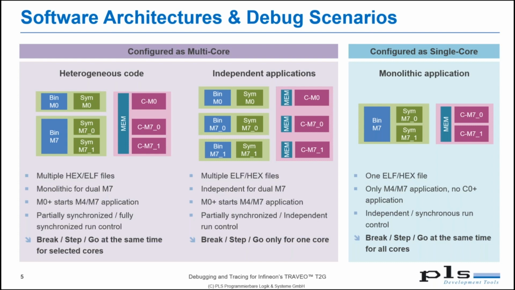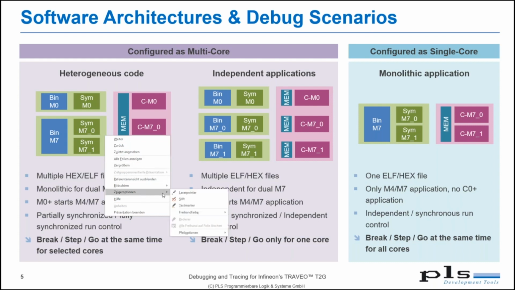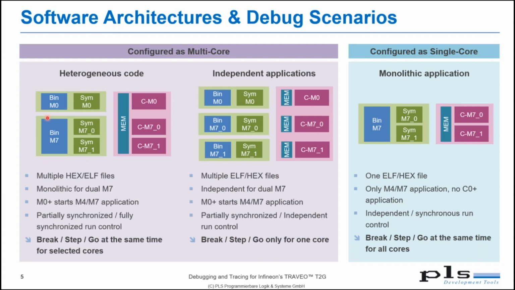As a result of that, we have basically three different types of software partitioning. The first one is heterogeneous partitioning, where we have two binaries, seen on the left side. First binary is for the HSM, and the second binary for the main cores or the main core.